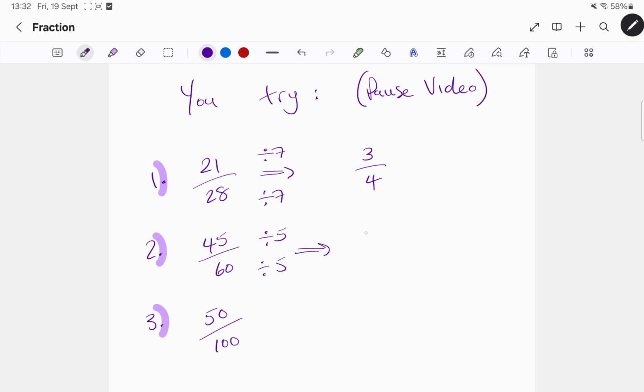So 45 divided by 5 will be 9. 60 divided by 5 will be 12. But we can repeat this process. So 9 and 12 are both members of the 3 times table, so 3 is a common factor of both of those. In this case, it will be the highest common factor. So what we have is 3 over 4, 3/4 again.